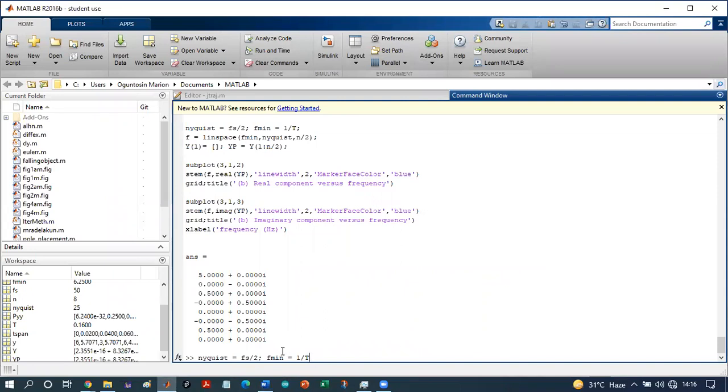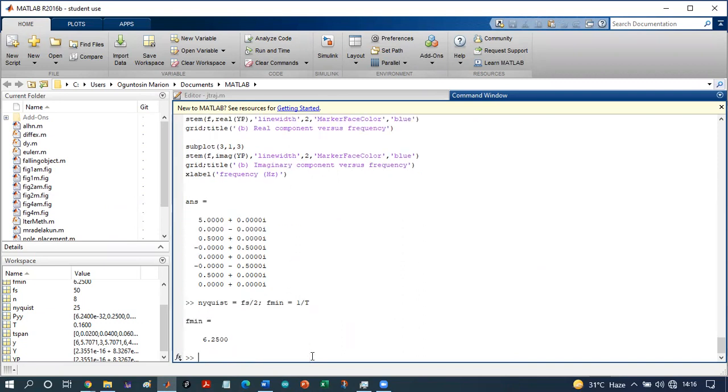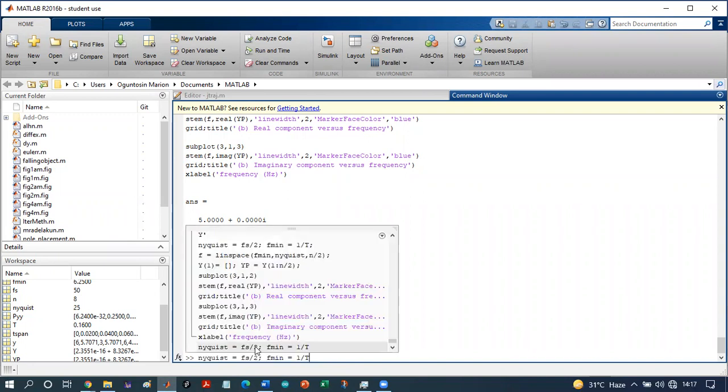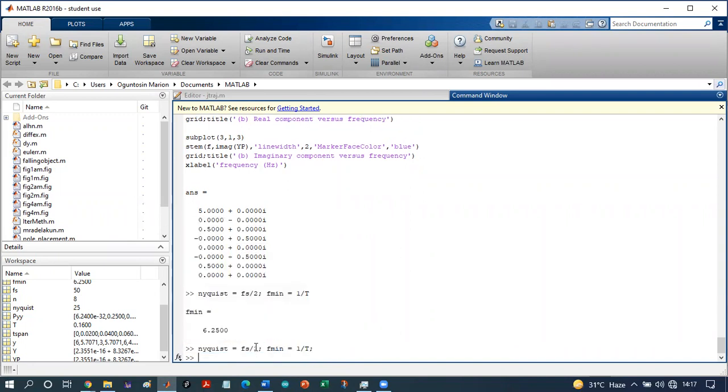For instance, if I didn't put the semicolon at the back of this one, it's going to print the results on the screen. If I put the semicolon, it's not going to print out the results. So the semicolon is not a big deal. It's not something that will give you an error.